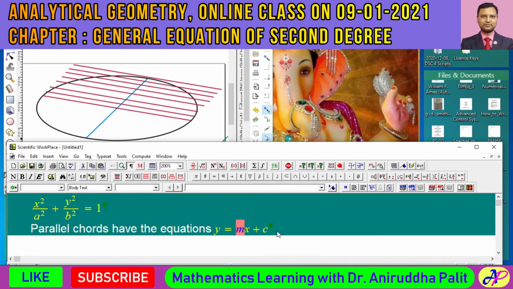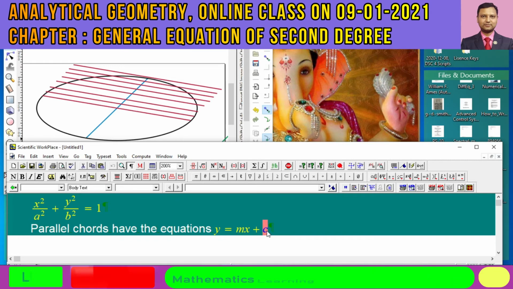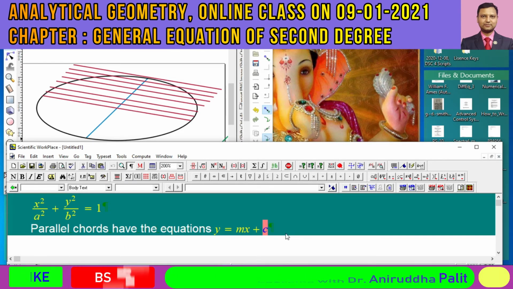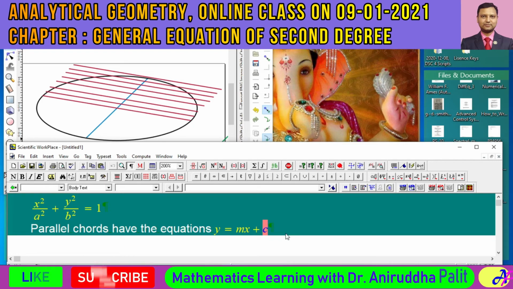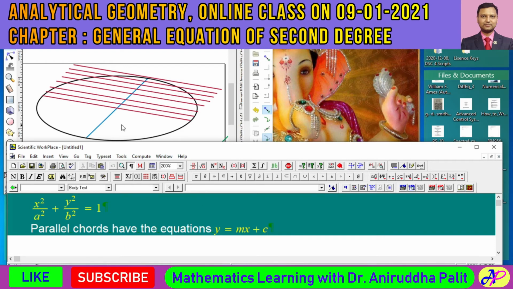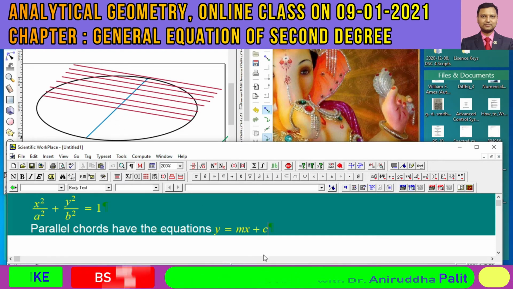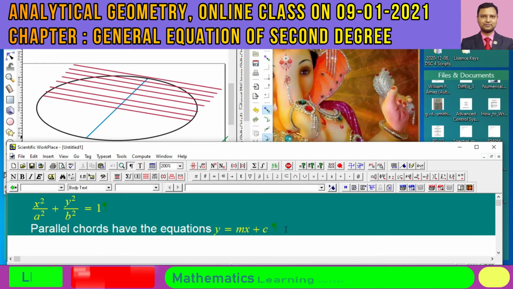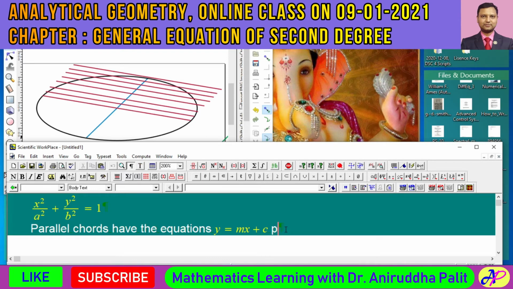Only the value of c will change. c may be c0 for one chord, c2 for another chord, c3, c4, and so on. So for different values of c, we will get different straight lines, and these straight lines are parallel.